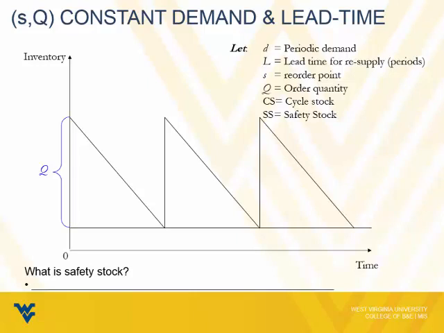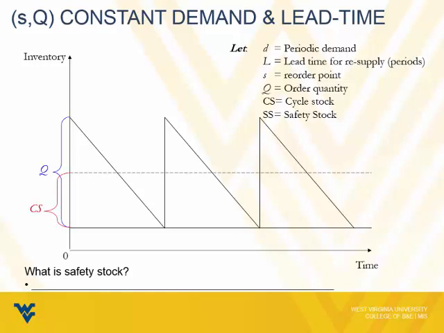You're going to have a reorder point of S. As soon as it hits that reorder point, you're going to have an order Q that is placed, and your inventory position goes up again, and so on and so forth. And this is called the sawtooth diagram. Okay? So a sawtooth diagram is basically your inventory position going down until the reorder point is triggered, your Q is placed, and the inventory position goes up, and so on and so forth.